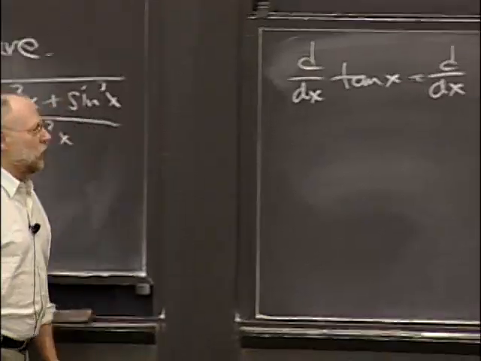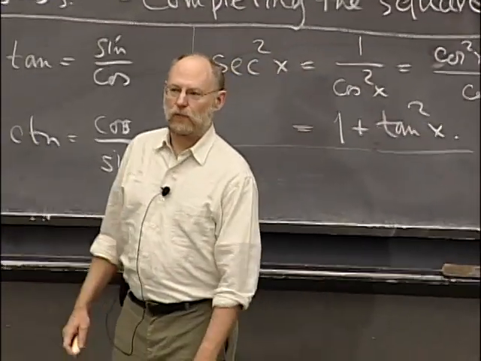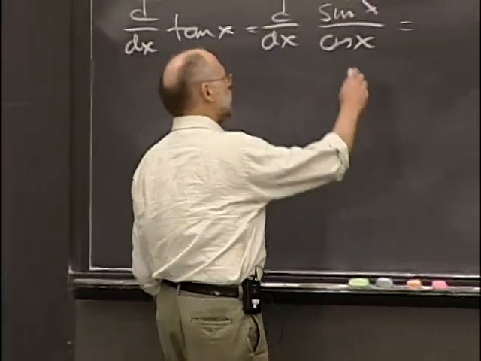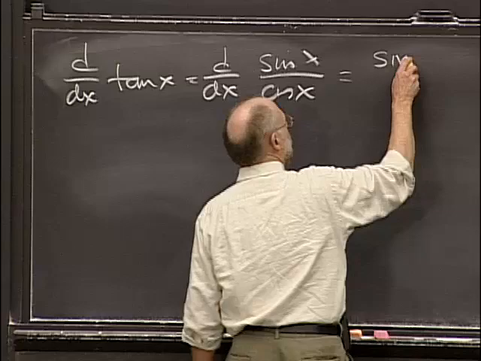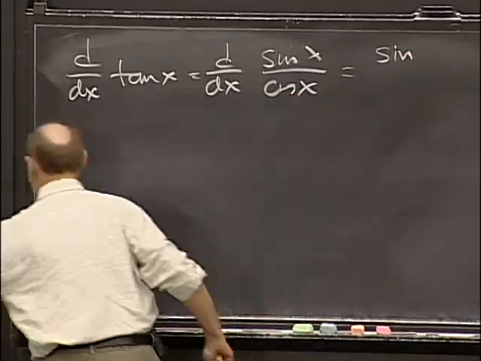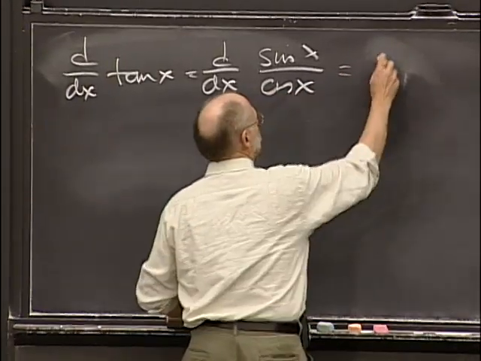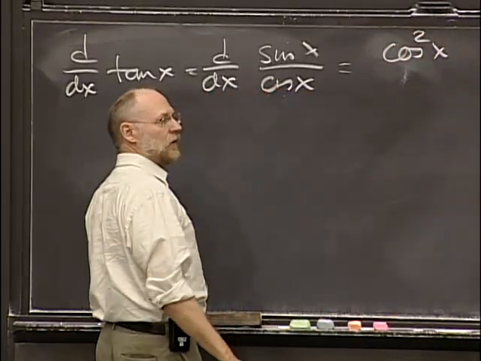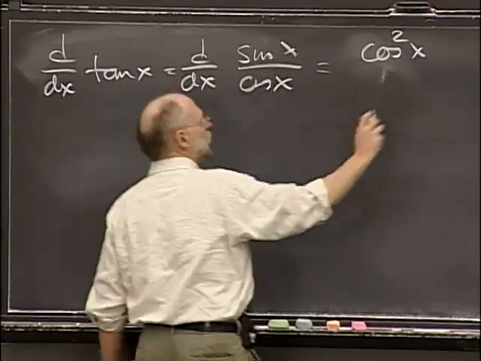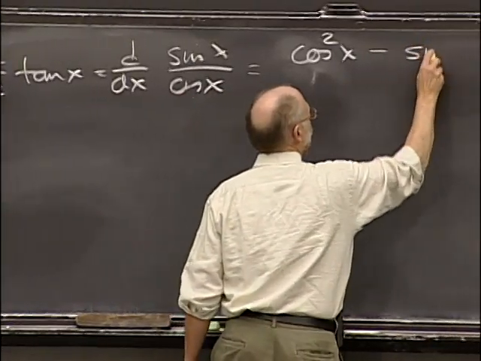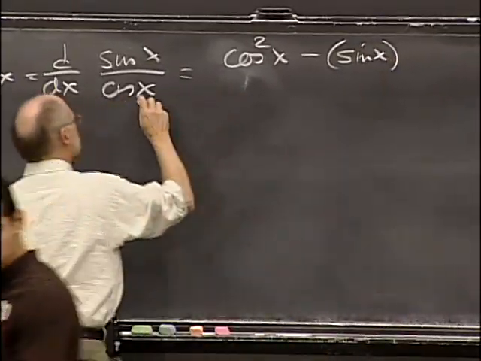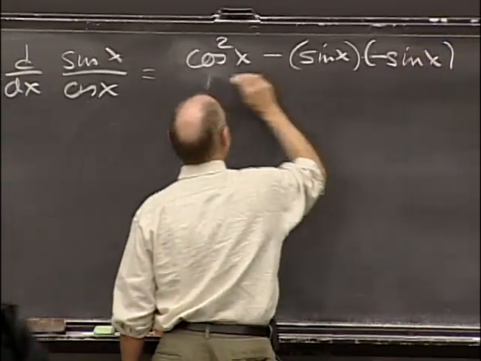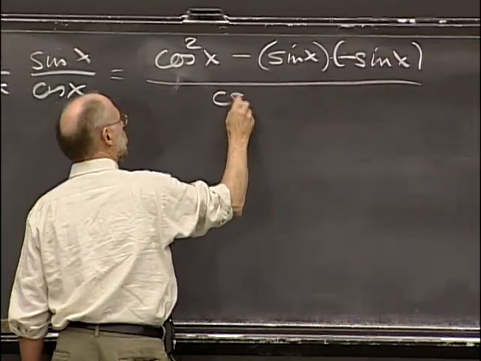So I think I was with you when we learned about the quotient rule, computing the derivative of a quotient. And the rule is you take the derivative of the numerator, which is cosine, and multiply it by the denominator, so that gives you cosine squared. And then you take minus the numerator and multiply that by the derivative of the denominator, which is minus the sine of x. And you put all that over the square of the denominator.